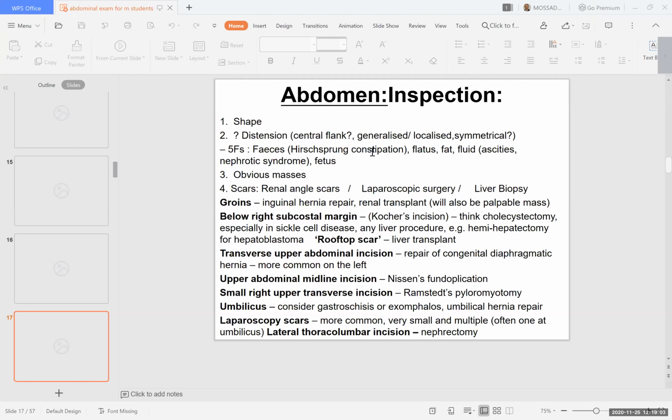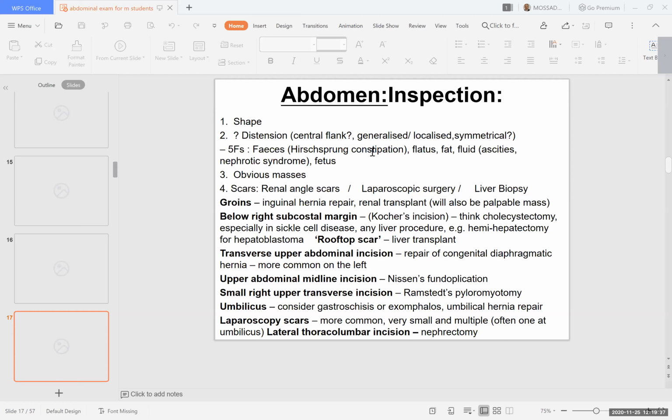For obvious masses, it can be a tumor in the liver. Can it also be a hernia, paraumbilical hernia? If scars, it can be a sign of a previous history of surgical intervention.